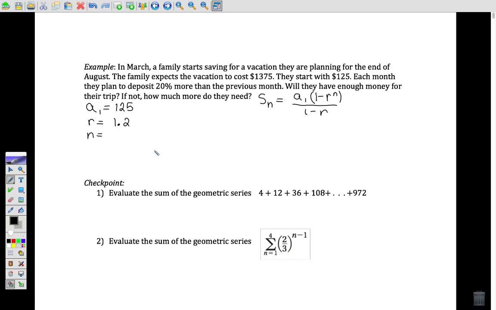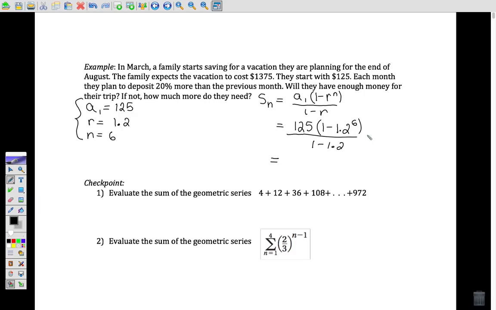Next, how many months are they doing this for? March, April, May, June, July, August. That's 6 months. Once we know these 3 key things, we can just plug into the formula. First term is 125. Common ratio is 1.2. There are 6 months, all over 1 minus that 1.2.